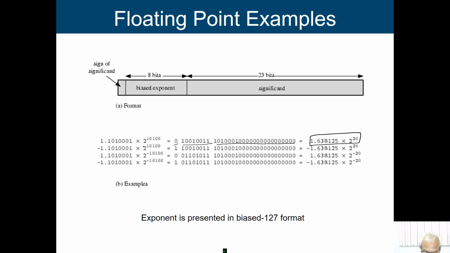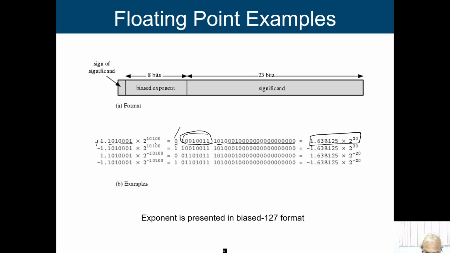Then it is multiplied by 2 to the power 100 these things. For this particular positive sign, we use this 0. This is the mantissa or significand part 1 0 1 0 0 0 1, and this is the biased exponent part.